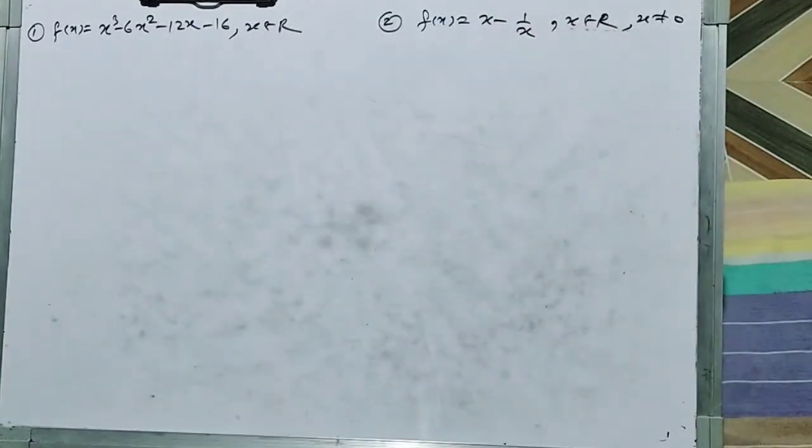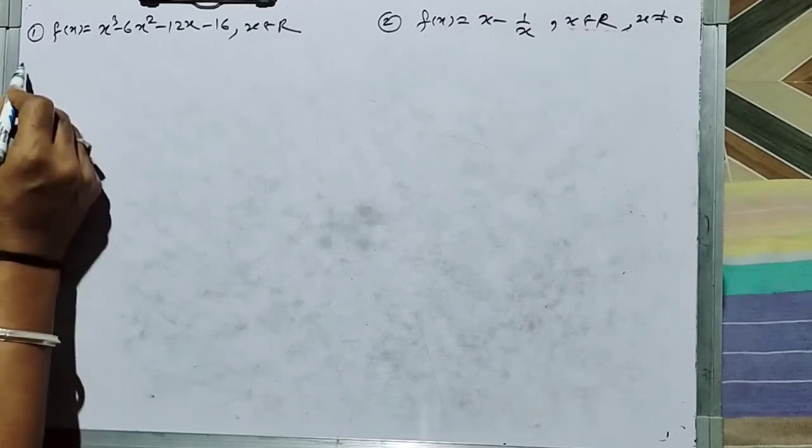We know for increasing and decreasing, if the derivative of f of x is positive, then the function is increasing, and if the derivative of f of x is negative, then the function is decreasing.